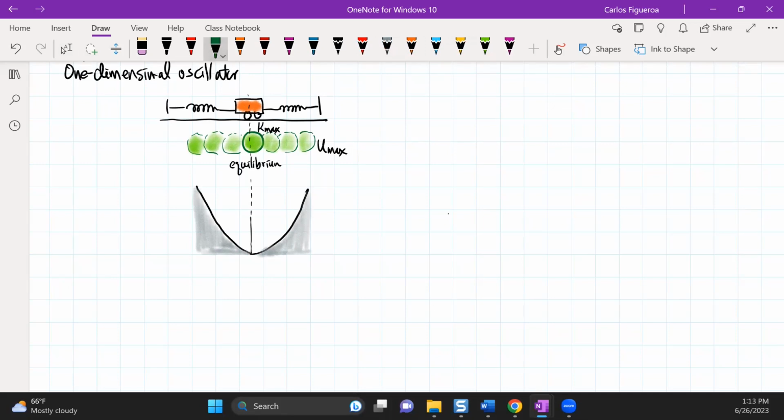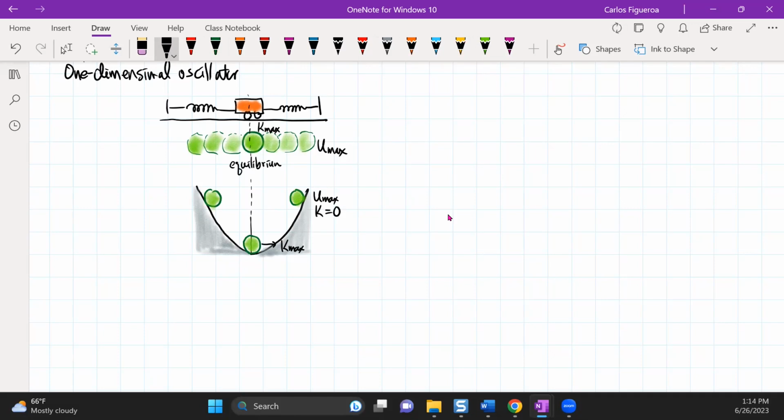I could have maximum kinetic energy right here because it's at the bottom of the well, or I could have maximum potential at the endpoints, because it has maximum displacement. Here K max is maximum, here U max is that, but then K here is absolutely zero.